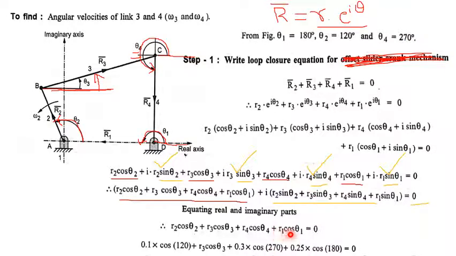Substitute here. Then the R1 value is also given, 0.25 meter. Theta 1 is 180 degrees. So substitute all the values and simplify it. After simplifying we got R3 cos theta 3 is equal to 0.3, because this value is not given. This is unknown. I will call this equation D.